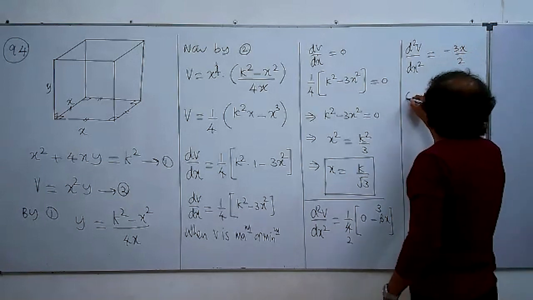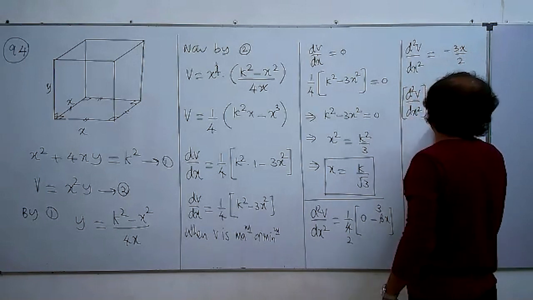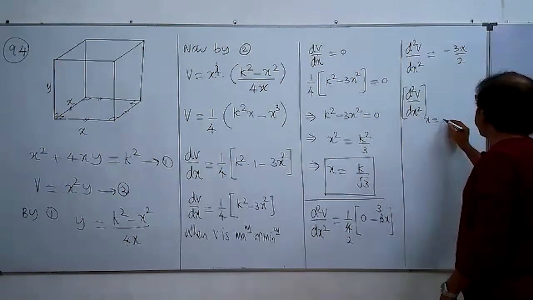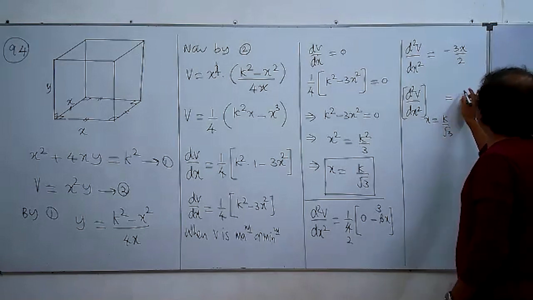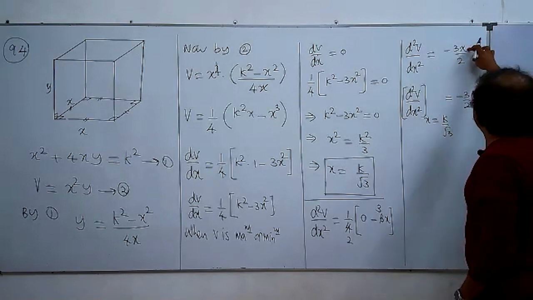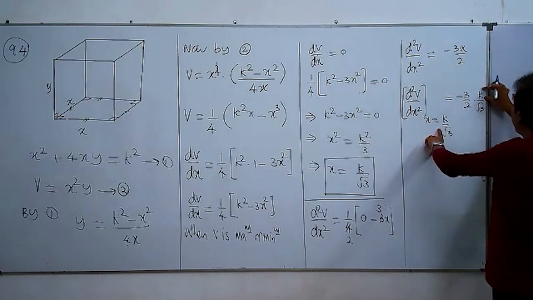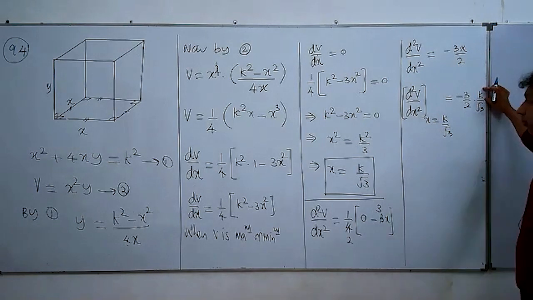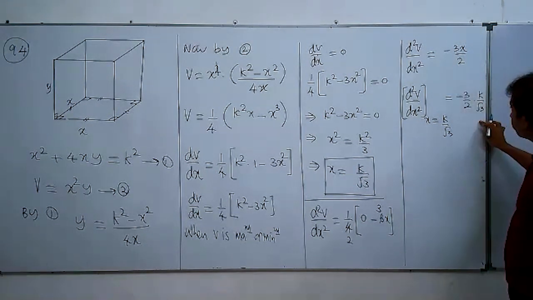Now I'm going to find the sign of this second derivative at x equals k upon root 3. Once I put that, minus 3 divided by 2, and x is the value k upon root 3. You know this k is a positive value, people. Then since this has a minus sign, the right hand side becomes negative.